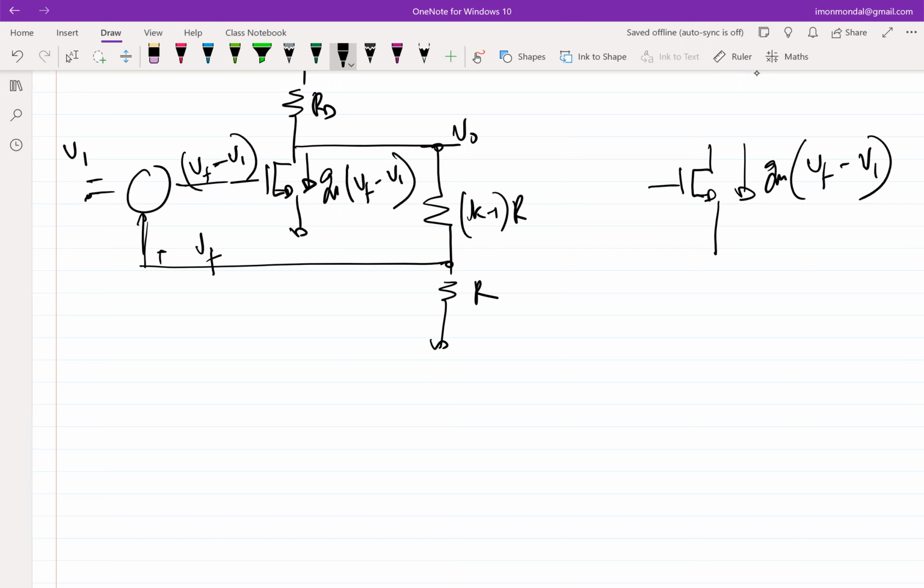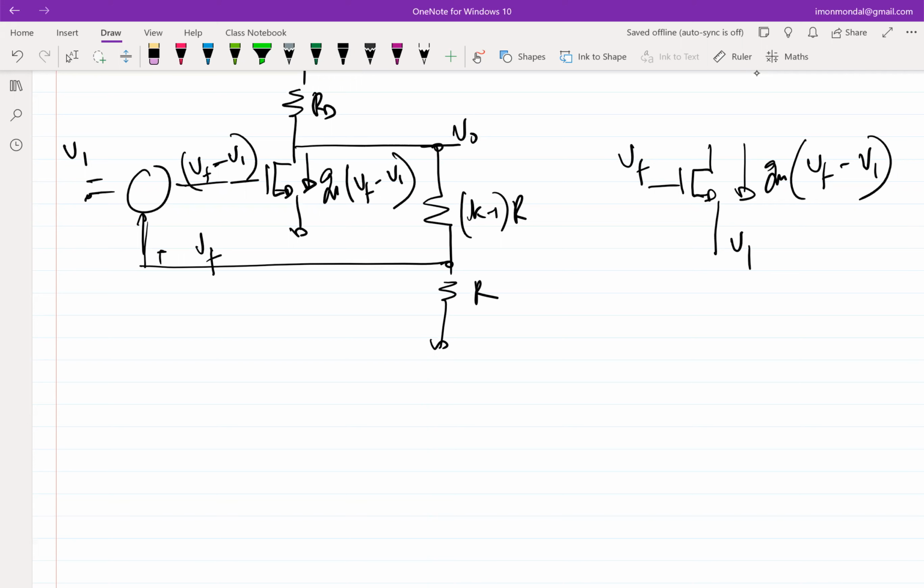Its incremental current through it is GM times VF minus V1. Yeah, so you would assume that V1 is the source voltage and VF is the gate voltage, right? Your transistor action itself does a difference amplification. Okay. So I don't need this summer, right? I may as well say that I'll get rid of this summer and connect this VF directly to the source.